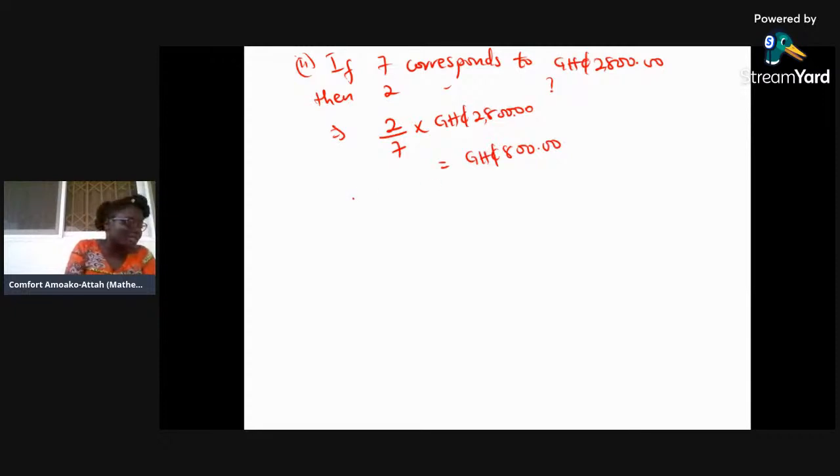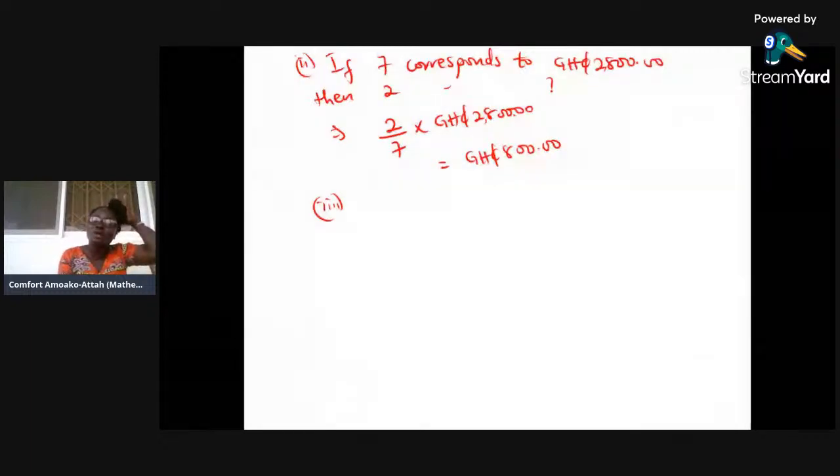Then the third part of the question was, so we finished the expenditure on schools. We are done with the expenditure on water supply. We are now coming to the whole budget of the three. That's the budget of the 3 projects.